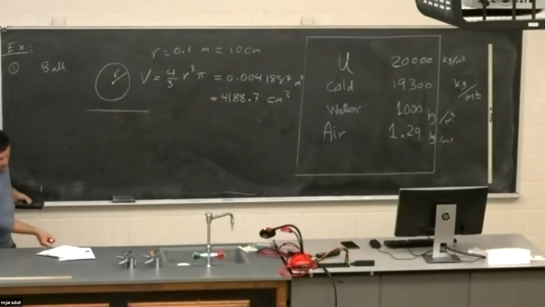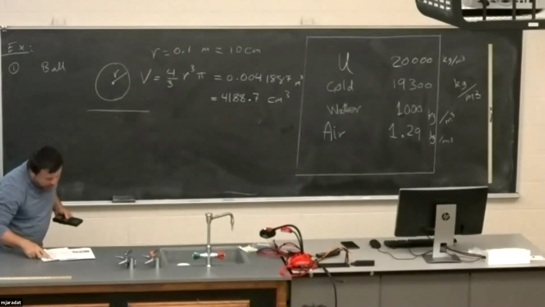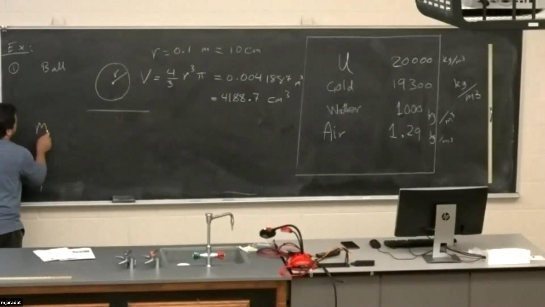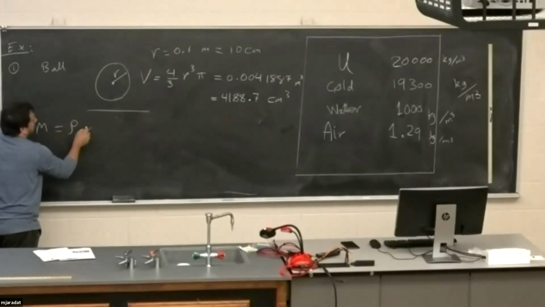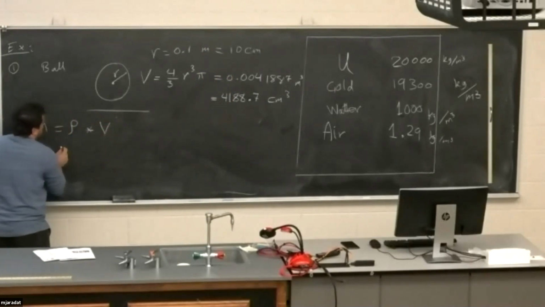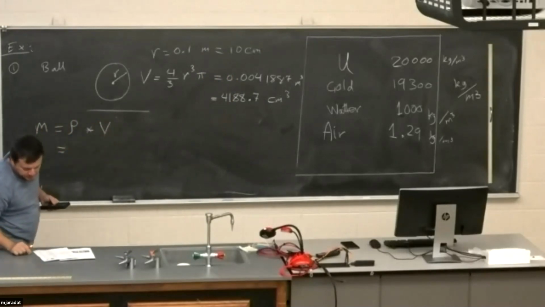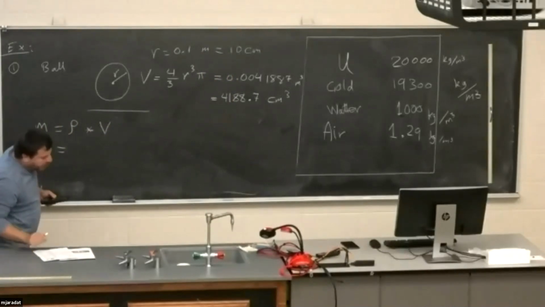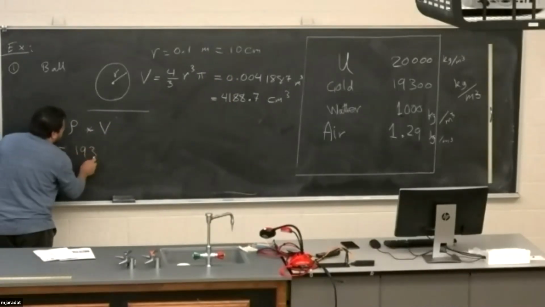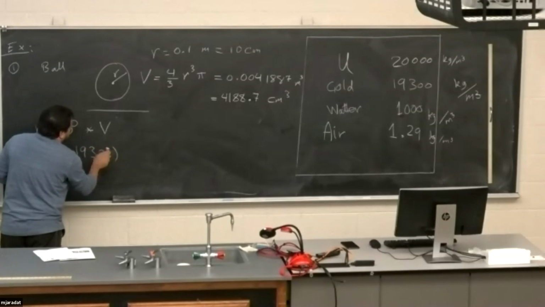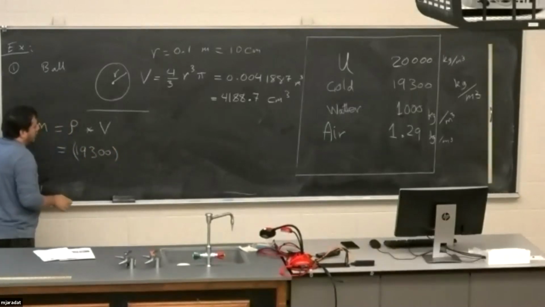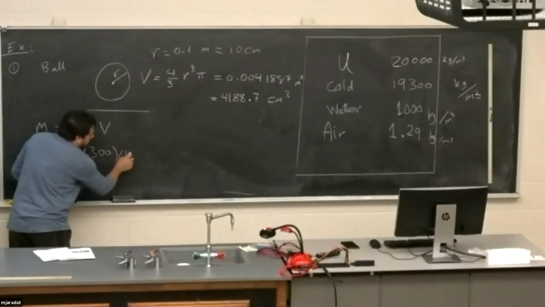I am asking about the mass. Find the mass. The mass is equal to the density multiplied by the volume. The density from the table is 19,300 kilogram per meter cubed.